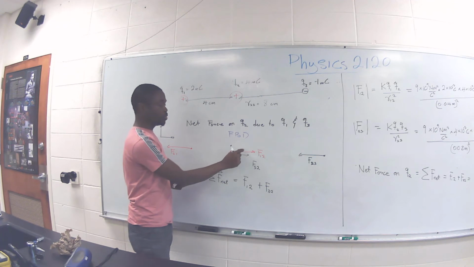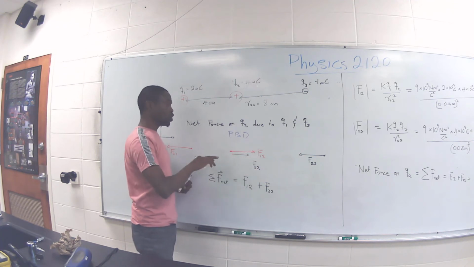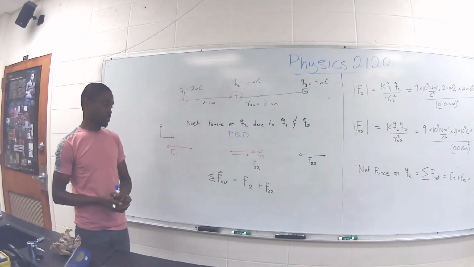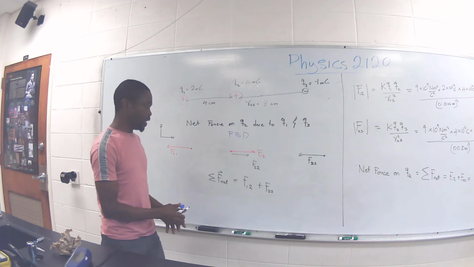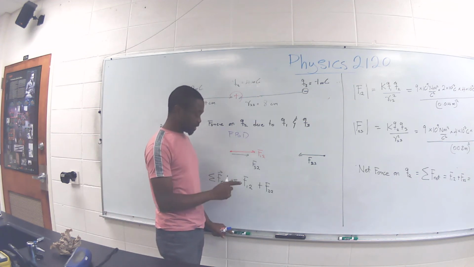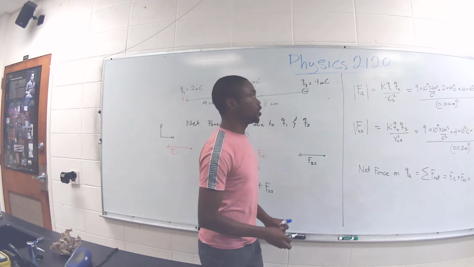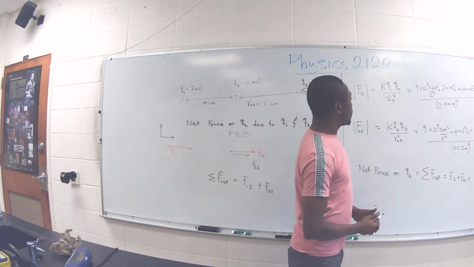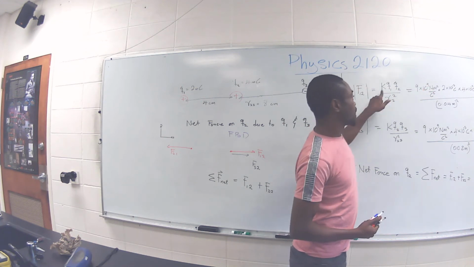So we have F1 of 2 and F3 of 2 all pointing in the same direction. The net force on Q2 will be the vector sum of F1 of 2 plus F3 of 2. If we want to find the magnitude, we apply Coulomb's law here.